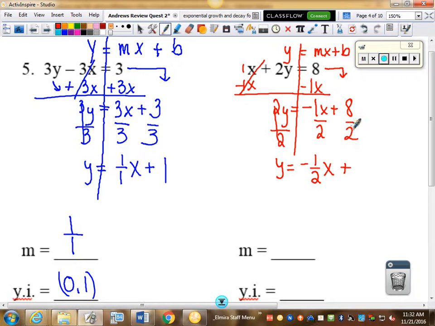Divide out, 8 divided by 2 is 4. So my slope would be negative 1/2, which means down and to the right, starting on 0, 4.